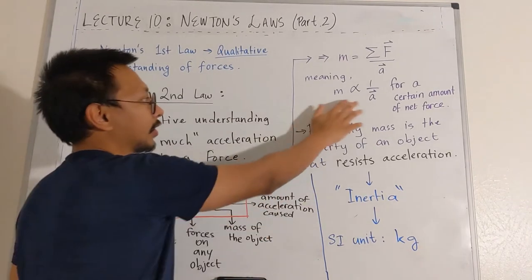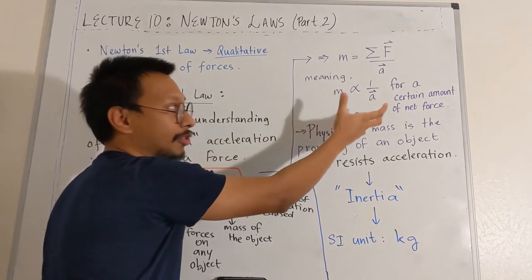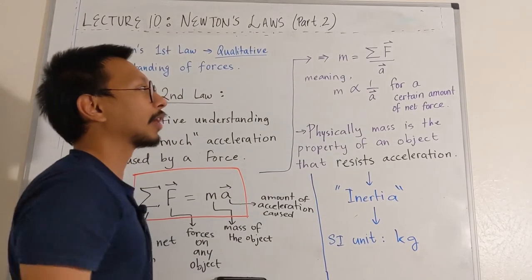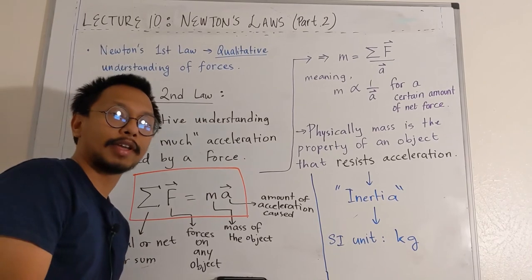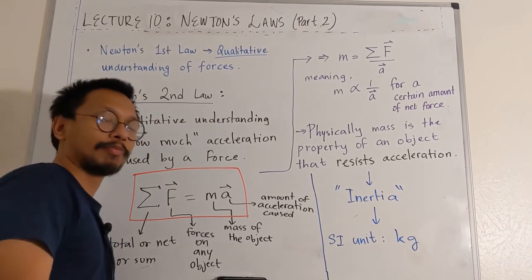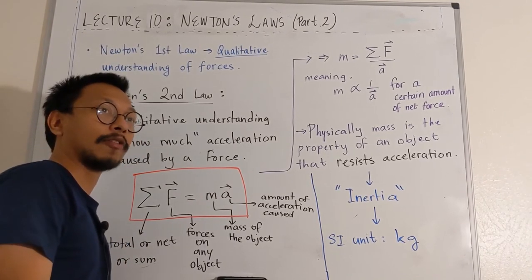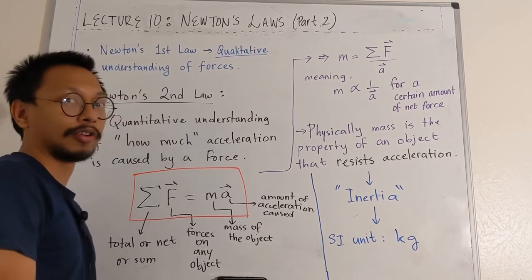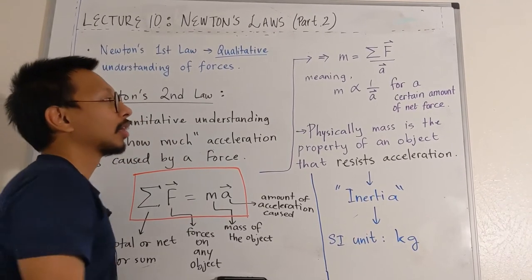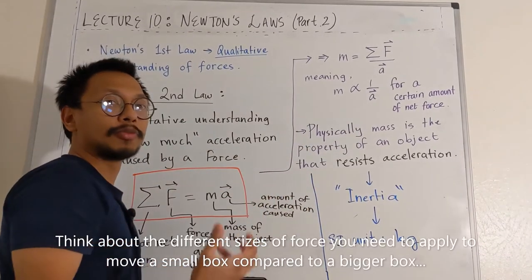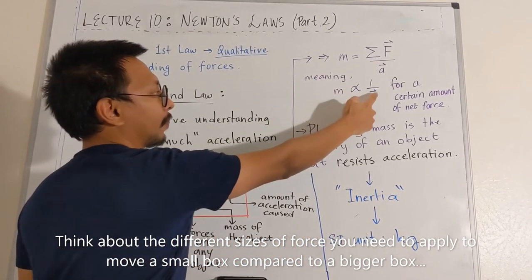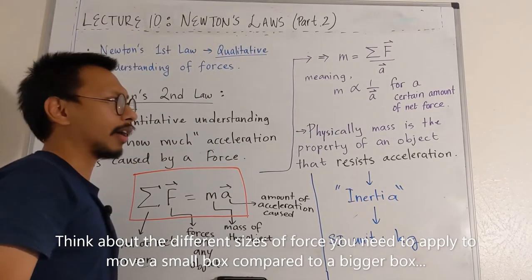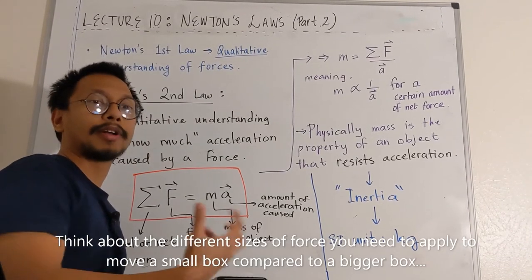So basically all of that mathematical notation just means that the more stuff you have in an object, which is basically our understanding of what mass really is, the amount of stuff in something, the harder it is to make that object accelerate. So the more mass you have, the lesser acceleration can be caused by a particular force.